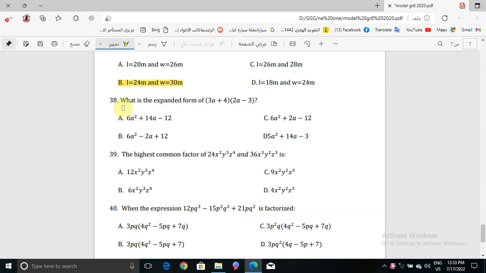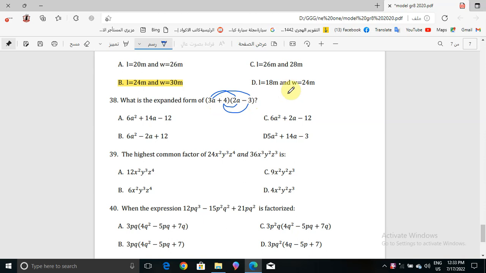Now question number 38, what is the expanded form of 3a plus 4 times 2a minus 3? Here there is a problem, but the correct answer will be 3a times 2a, and 3a times negative 3. Then 4 times 2a and 4 times negative 3.